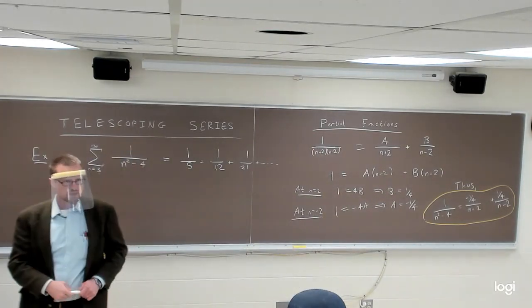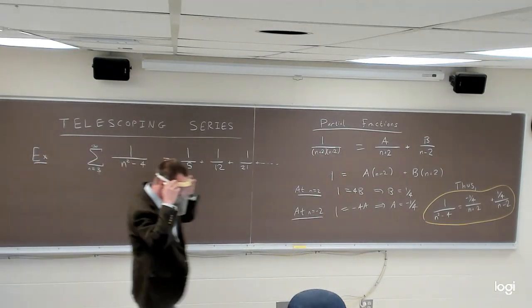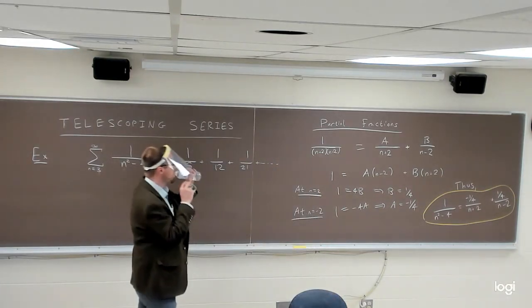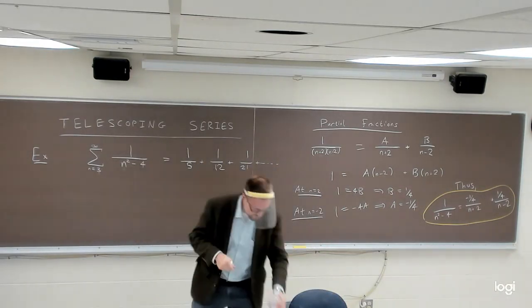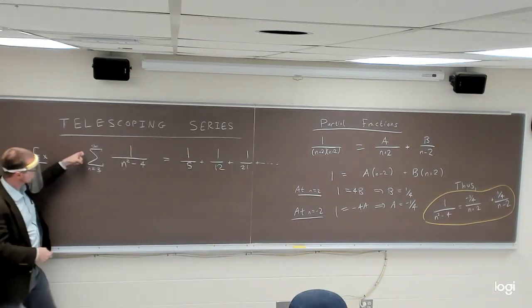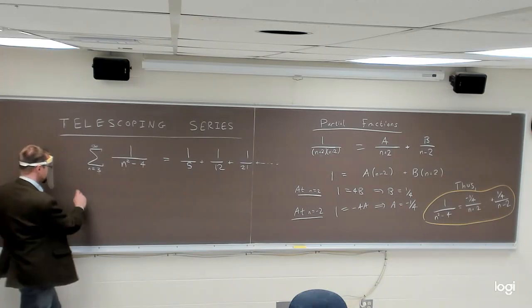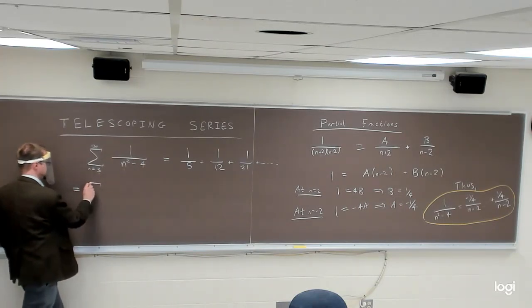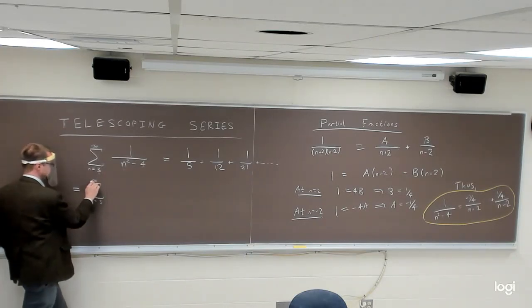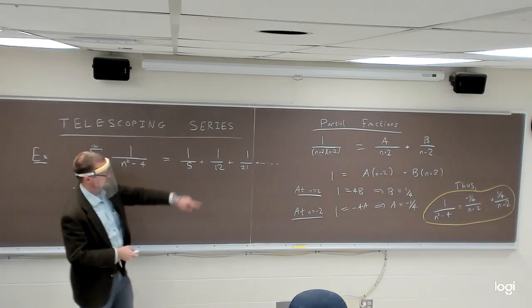Okay, well, then we need to see what that's going to do for infinite series. So over here, I know that this infinite series can be rewritten as the sum from n equals 3 to infinity of just that expression there.